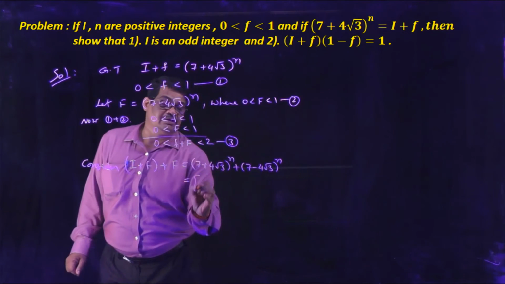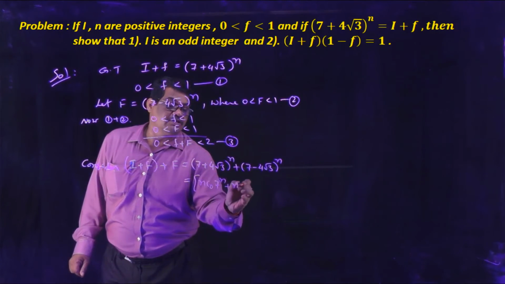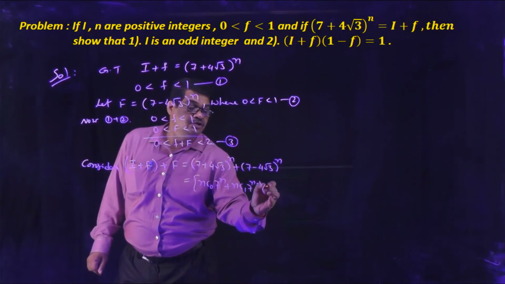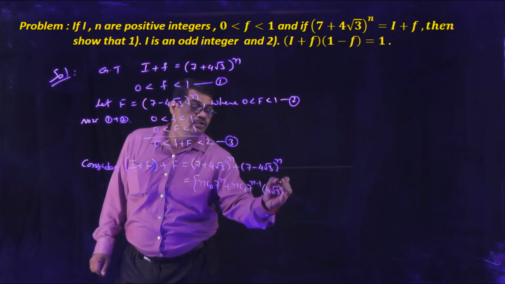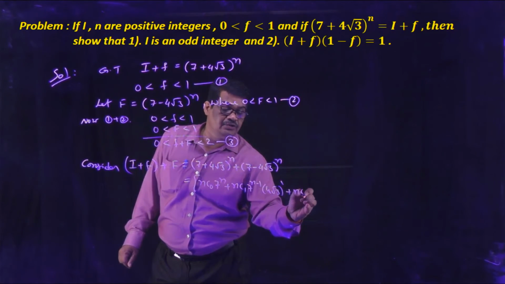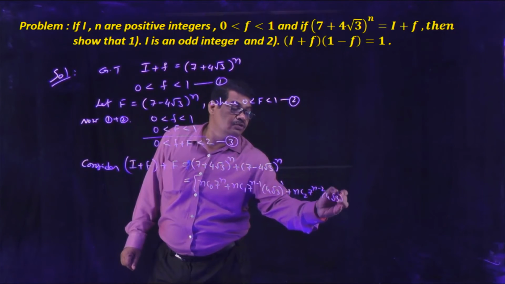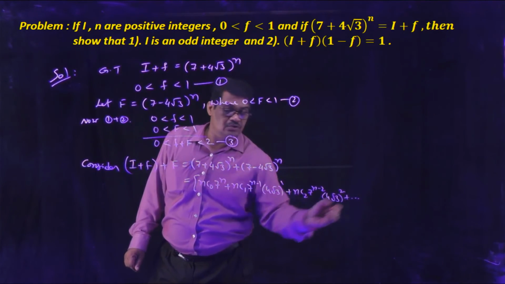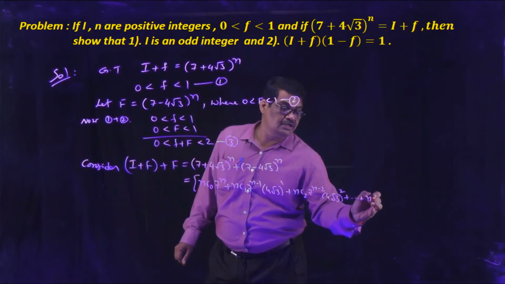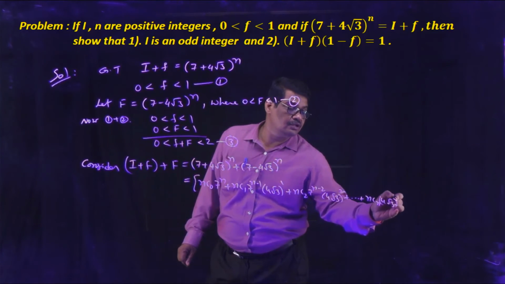We write nC0 7^n plus nC1 7^(n minus 1) into (4 root 3)^1, next nC2 7^(n minus 2) (4 root 3)^2 and so on. The last term is nCn (4 root 3)^n.